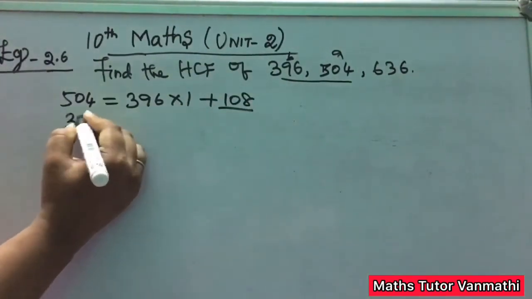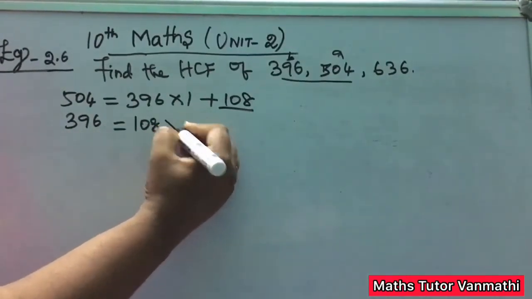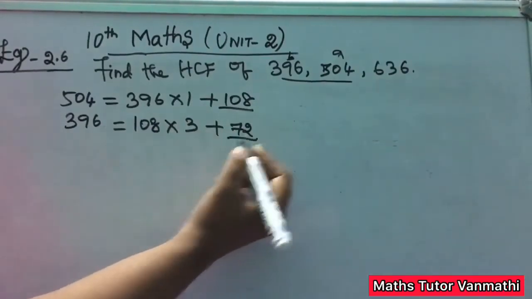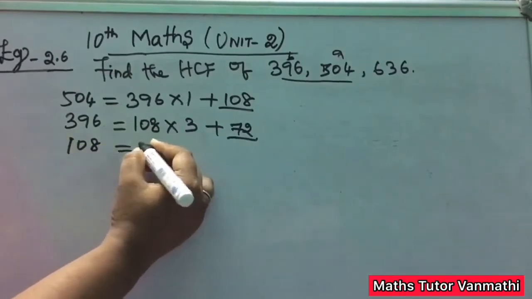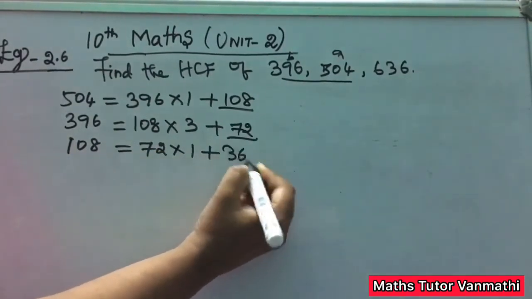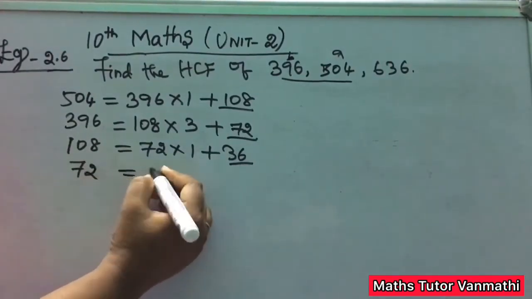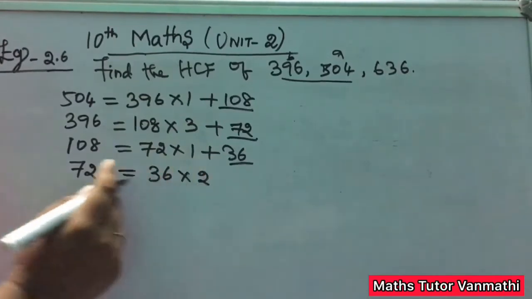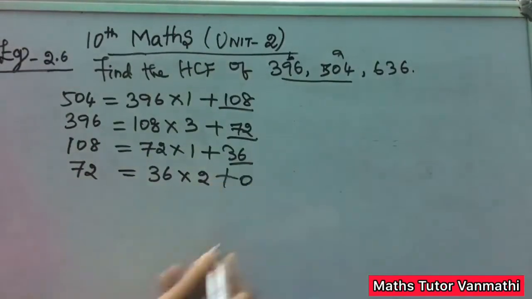And again repeating: 396 equals 108 into 3. You will get the remainder as 72. So this is also not equal to 0. And again repeating the process, 108 equals 72 into 1 plus 36. This is also not equal to 0. Repeating again, 72 equals 36 into 2. 2 sixes are 12, plus remainder 0.